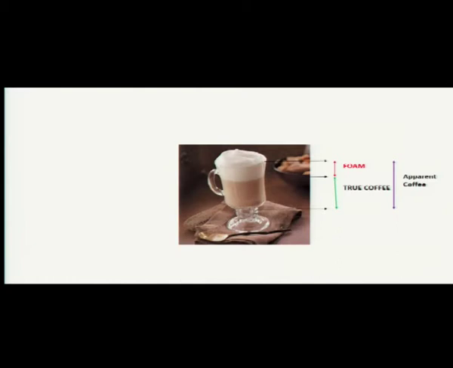I have marked the actual coffee as the true coffee, which stands for my active power or the true power, and the foam on the top, which is marked with red, is what corresponds to my reactive component, and this is the amount for which you pay at the same rate as that of the coffee, though you cannot drink it.